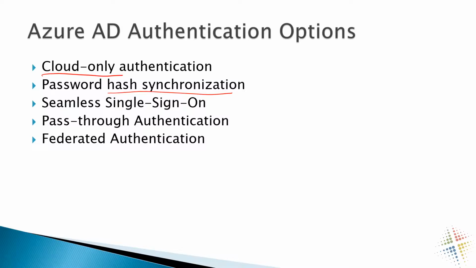Instead of hash synchronization, maybe I want to do some form of seamless single sign-on, pass-through, or federated authentication. Of all of these, password hash is probably the easiest one to set up.